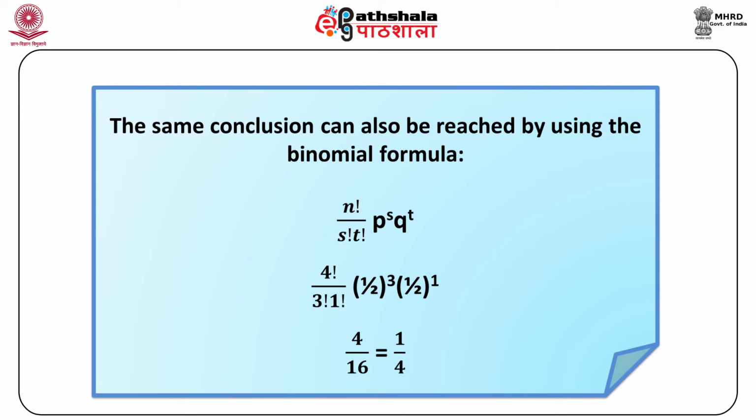So, if we put in the respective values where n is equal to 4, s is equal to 3, t is equal to 1, p is equal to 1 by 2 and q is equal to 1 by 2, the possible outcome will be 4 by 16, which is equivalent to 1 by 4.